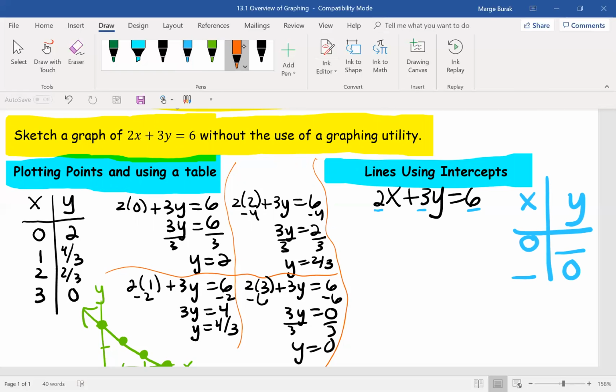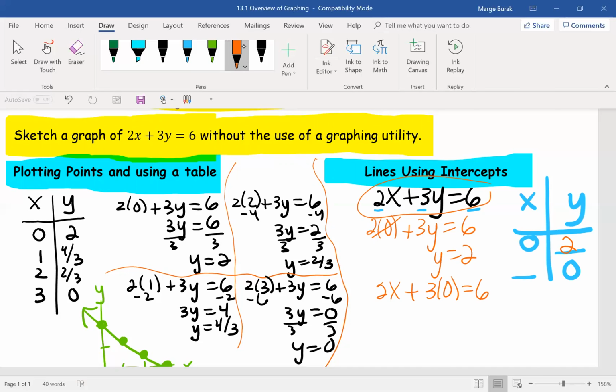And so we'll put in a 0 for x. So 0, 2. Actually, we have those over here. But this way, we just get the points, if you notice, the ones that come out to whole numbers. And that's only because these two numbers divide into 6. And so then if we put a 0 in for y, so this is a little bit different, okay?